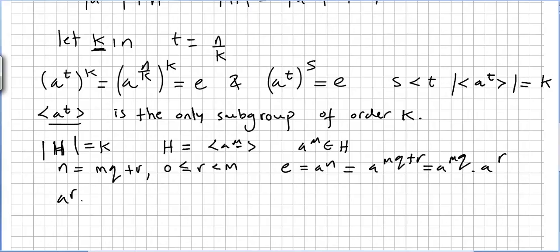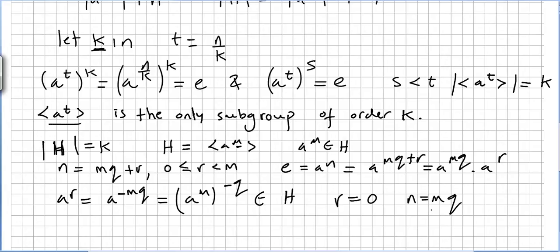I'm doing this fast because this is more or less what I've done. Then I exchange here: A to the power of m, I put it to the power of minus q, and this of course is in the subgroup H. So we proved again that r has to be 0 and n has to be mq.